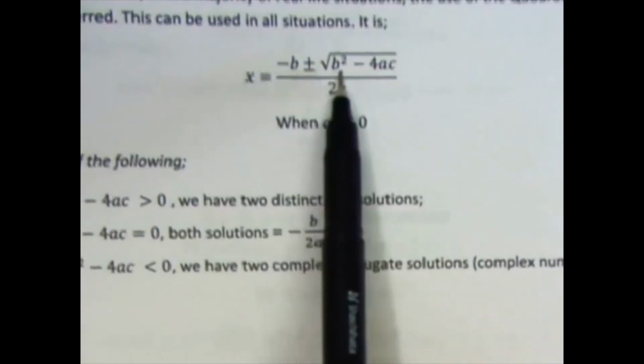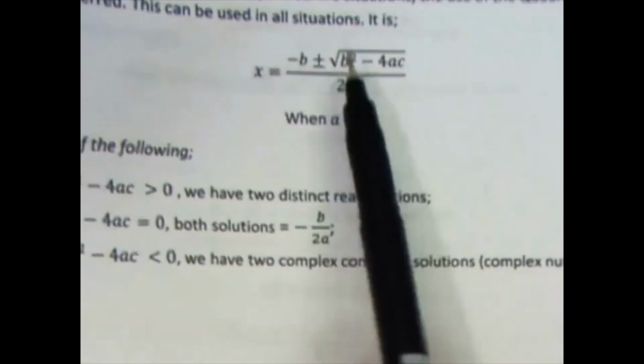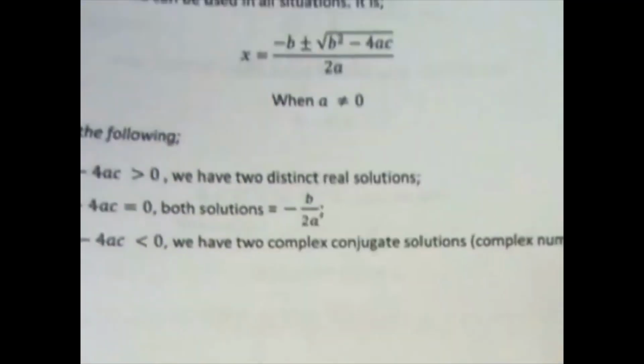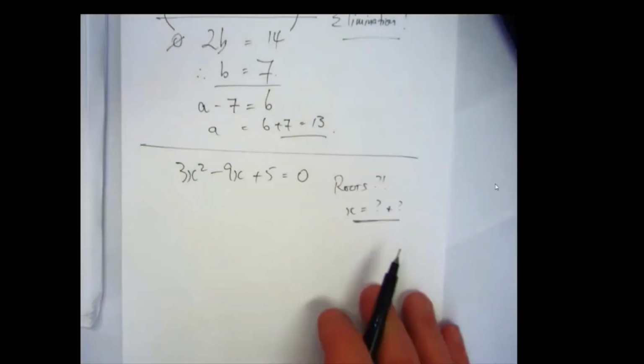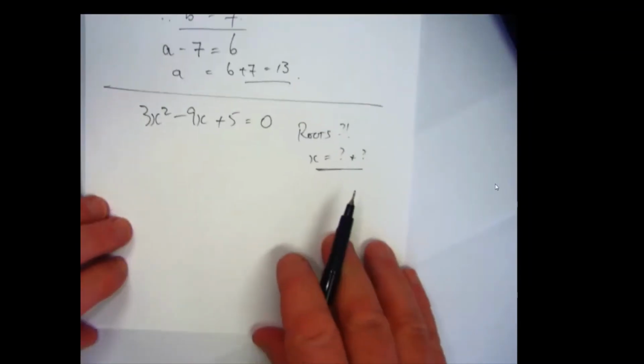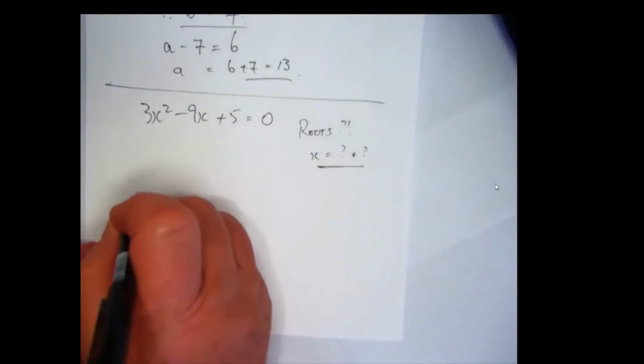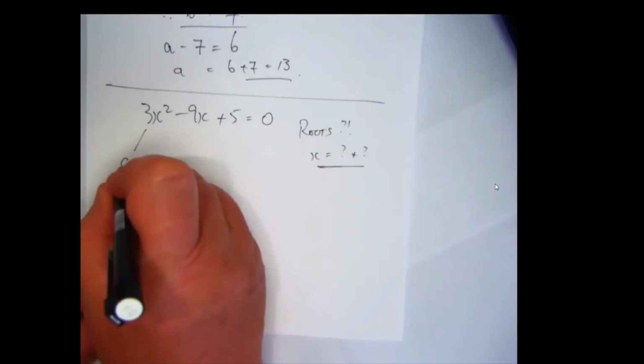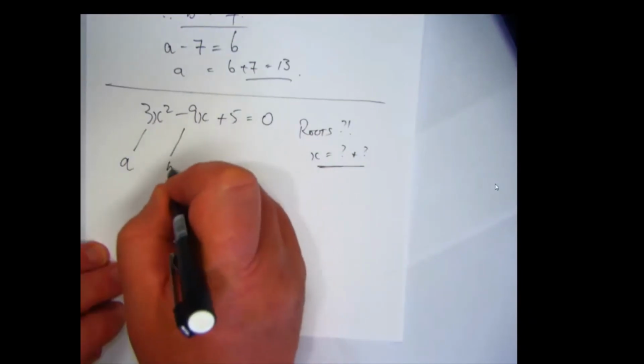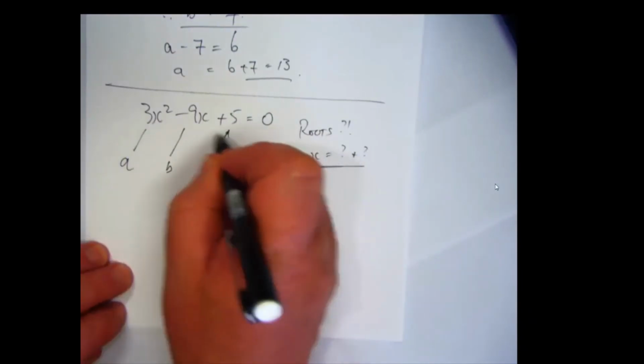To find x, then we need to know what a, b and c are, what the coefficients are, put them in, and we can solve this. So this is your formula. Often you're given that in an exam, but you'll be using that a good deal. Okay, here we go. So a is that term, b is that term, and c is that term, but we've got to be careful.